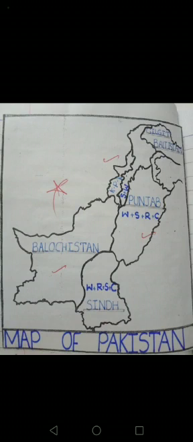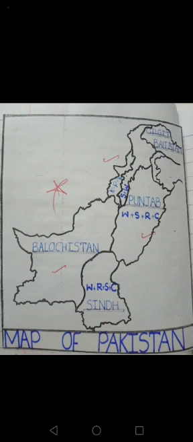Now to the left of Sindh is the province of Balochistan. Now you all know that Balochistan is a very desert type of land. Mostly it is plateaus and desert. So it means that none of these crops grows in Balochistan because the land is not very fertile.